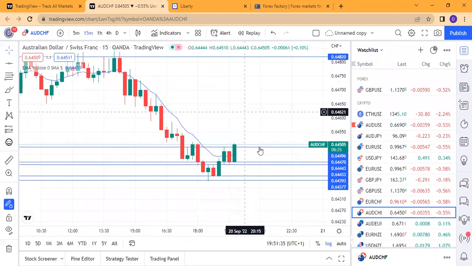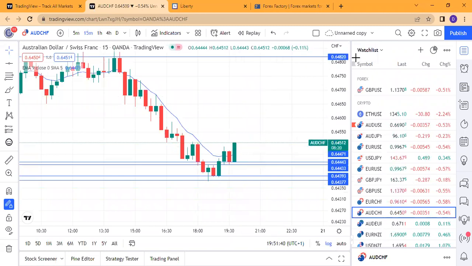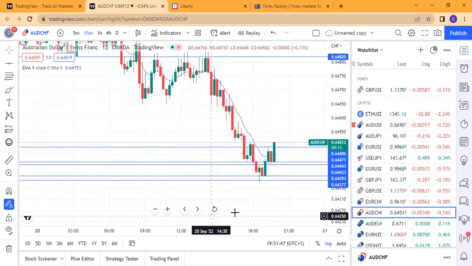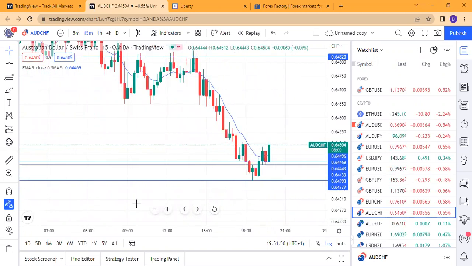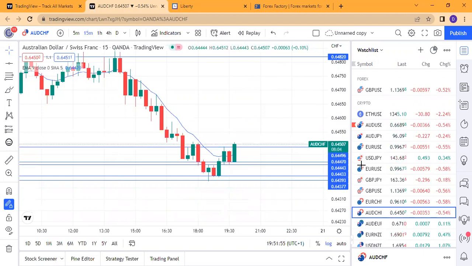I think this one is not among. Or is it among? Okay, yeah, it's among. Now, I have gotten the flaws of the market, the previous floors.